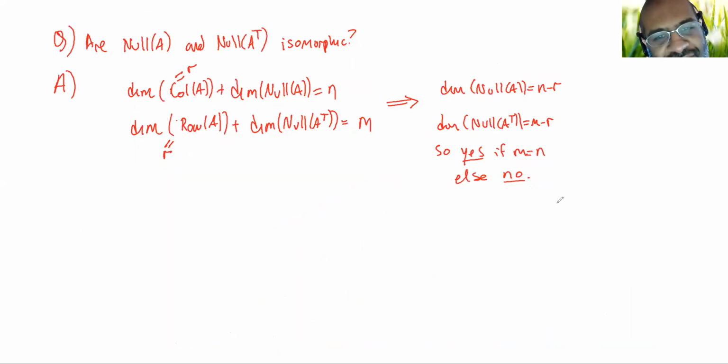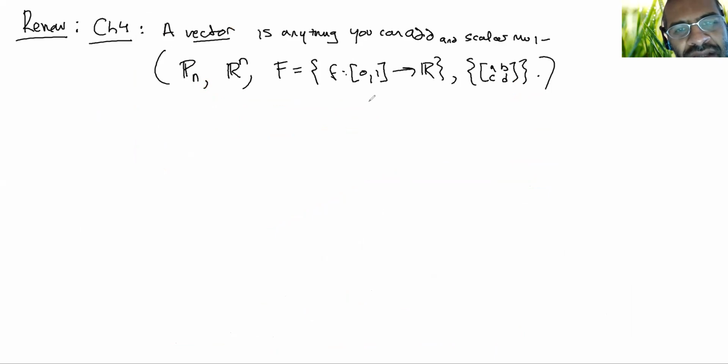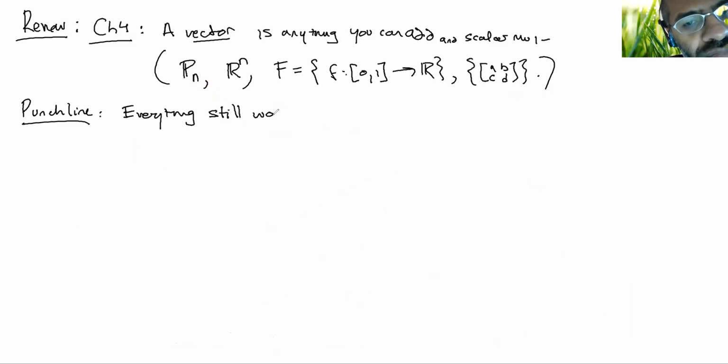I think it's really quite amazing. We extended our notion of a vector, and the punchline was that everything works as before. So we spent a couple of lectures doing that, but then what we spent a lot of time doing is relating this setup of abstract vector spaces to our original setup of Rn.